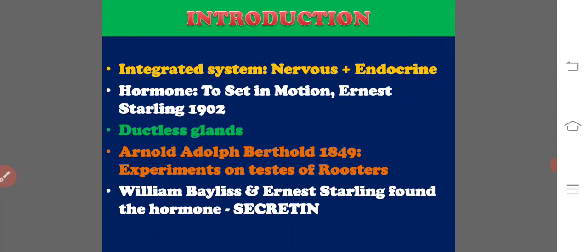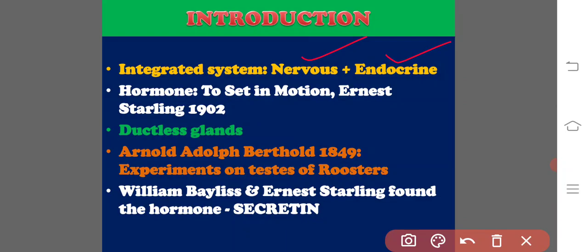Basically, the animal function is coordinated jointly by the nervous system and the endocrine system. Both the systems are the supreme systems in the body of the animals. They collectively integrate, coordinate, and regulate the entire systems of the body.